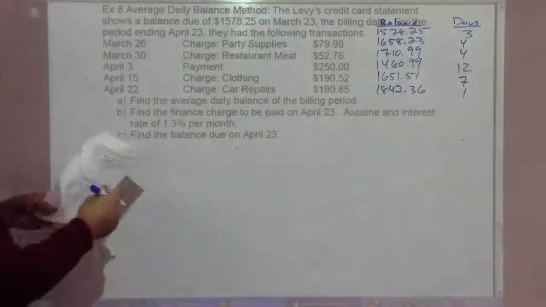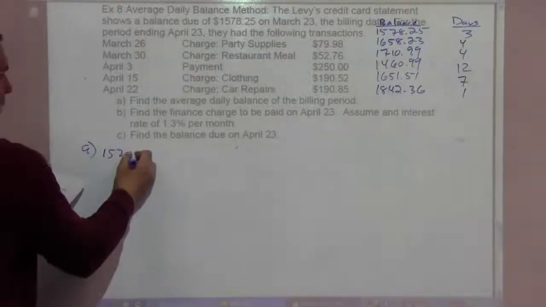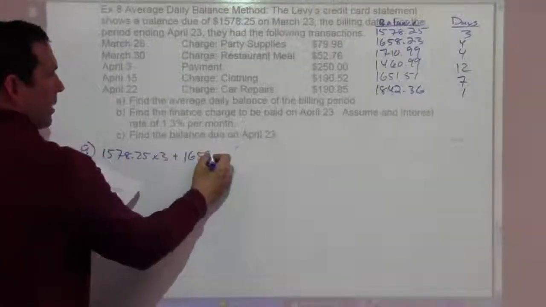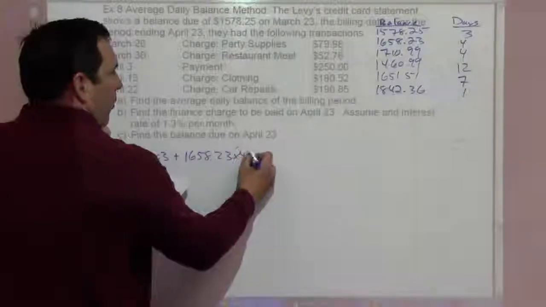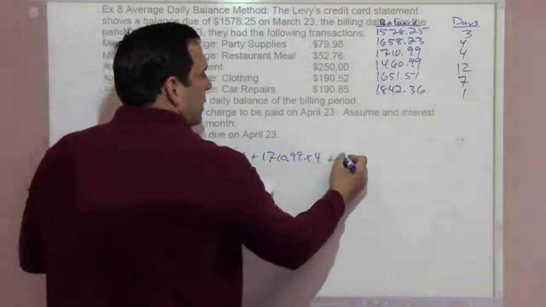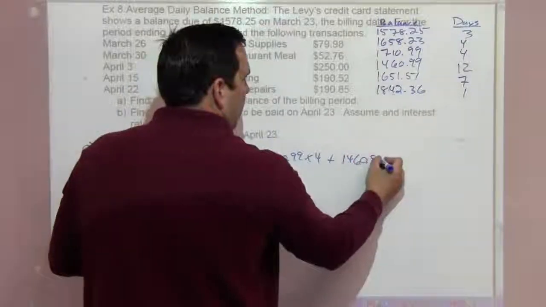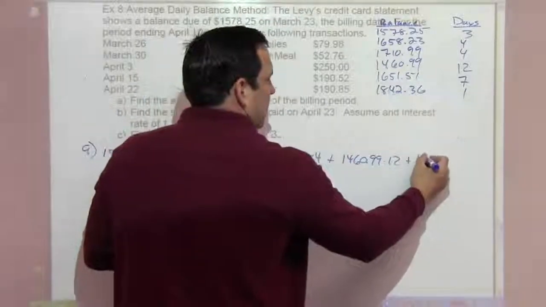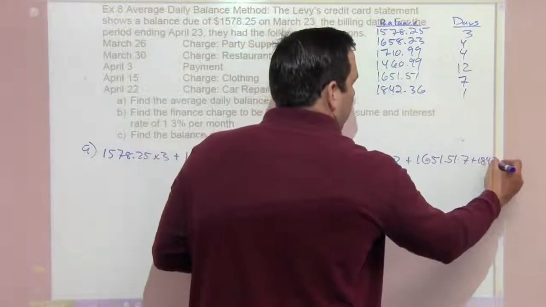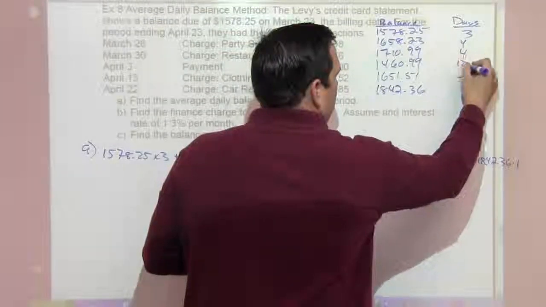So the first question is find the average daily balance. Okay, so for A, we're going to look at $1,578.25 times 3, plus $1,658.23 times 4, plus $1,710.99 times 4, plus $1,460.99 times 12, plus $1,651.51 times 7, plus $1,842.36 times 1.